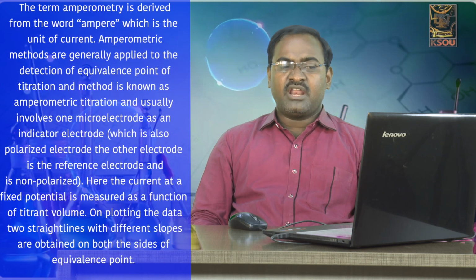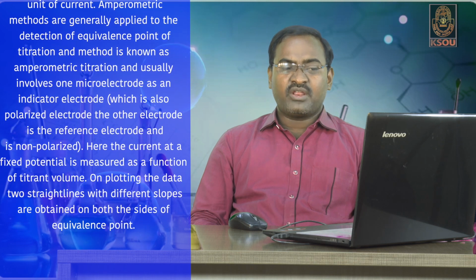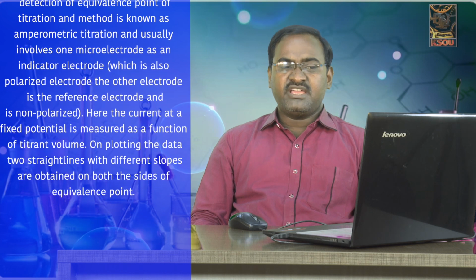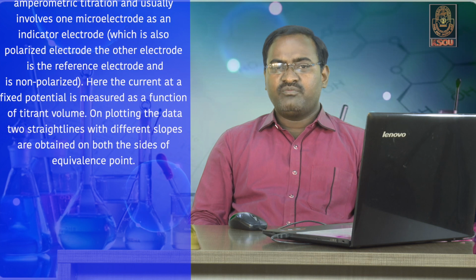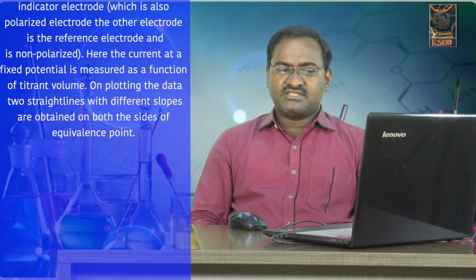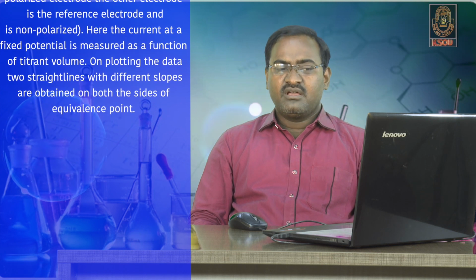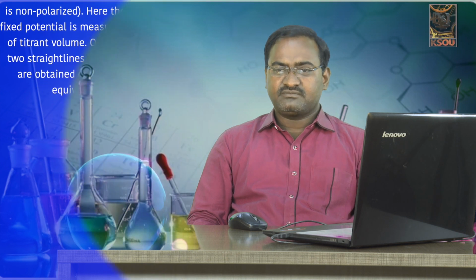The other electrode is the reference electrode and is non-polarized. Here, current at a fixed potential is measured as a function of titrant volume. On plotting the data, two lines with different slopes are obtained on both sides of the equivalence point.